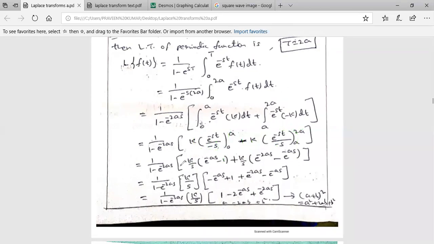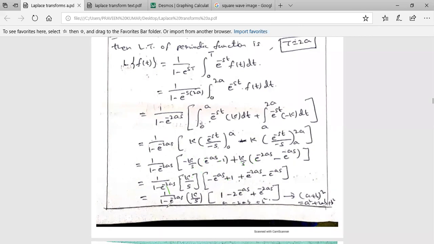Now simplify this. 1 by 1 minus e power minus 2as, and k by s is the same. I'm taking only k by s common, so this minus is inside: minus e power minus as, so minus of minus is plus 1, and from the second term plus e power minus 2as minus e power minus as.